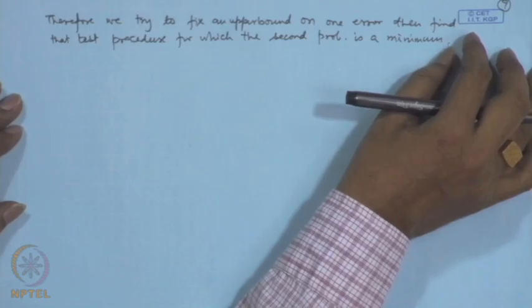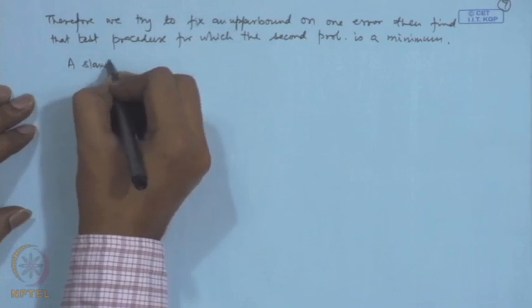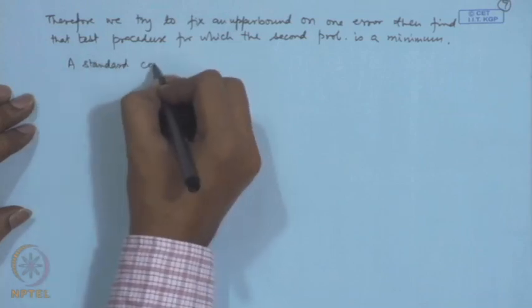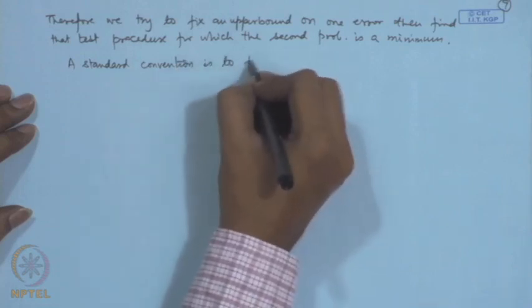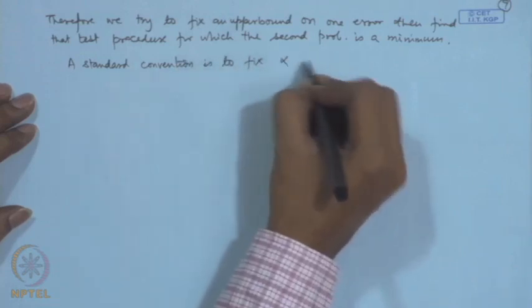A standard convention is to define the hypothesis in such a way that we consider the probability of type 1 error as more serious and then we fix an upper bound to that. So, a standard convention is to fix alpha.